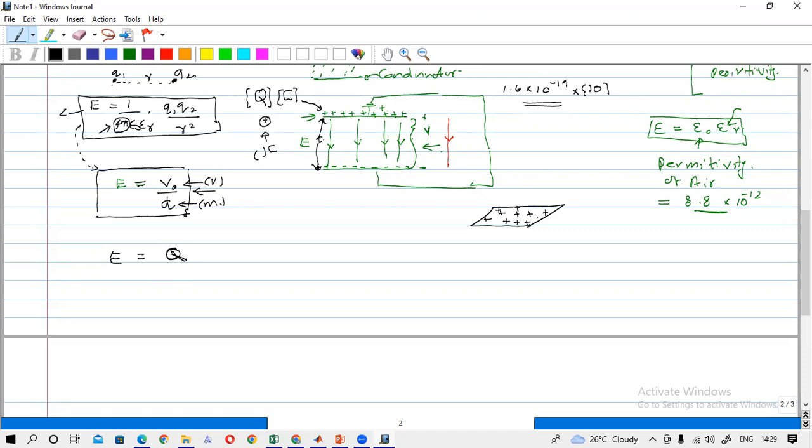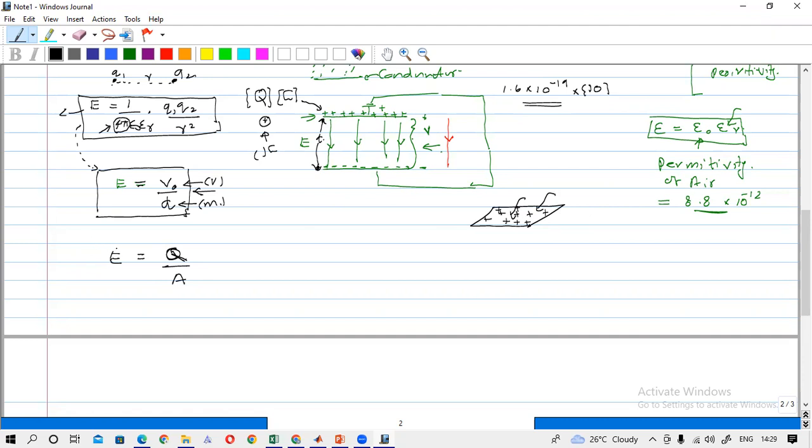So we have an area here. If you know the total coulombs and divide it by the area, that means coulomb per unit area, Q divided by A.